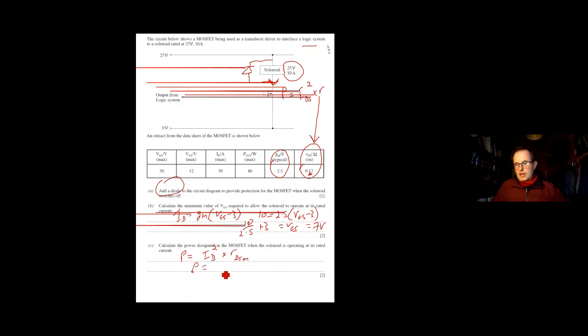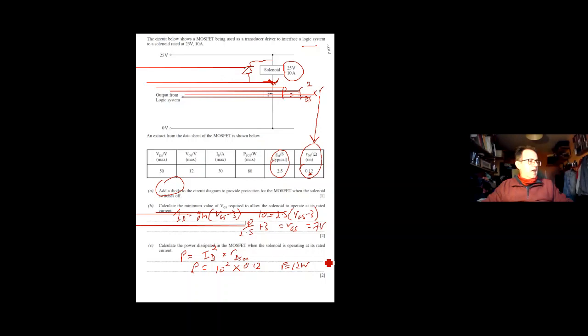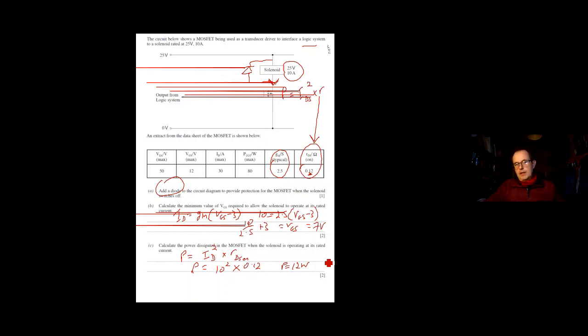Looking at the numbers, I've got an ID in this case of 10 amps, squared, and an RDS on of 0.12. Doing that, you'll end up with a power of 12 watts. 12 watts is quite a lot of power when it comes to a MOSFET. So when you're building MOSFET circuits, you might want to put a heat sink in sometimes to take heat away from it. You can't avoid it. Even when it is on and in saturation, you've still got power.